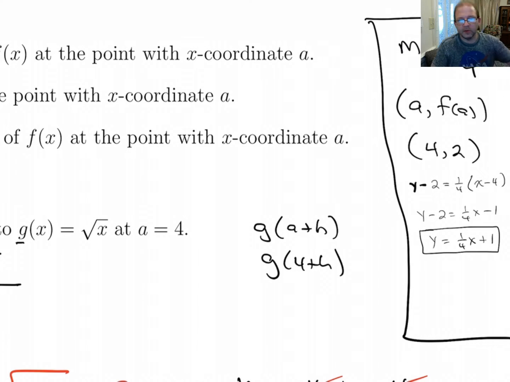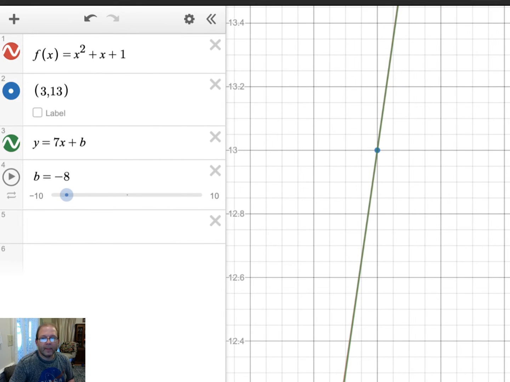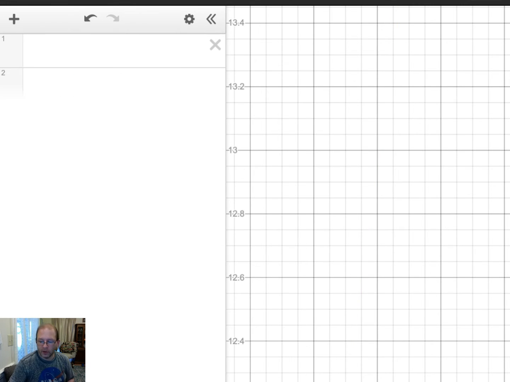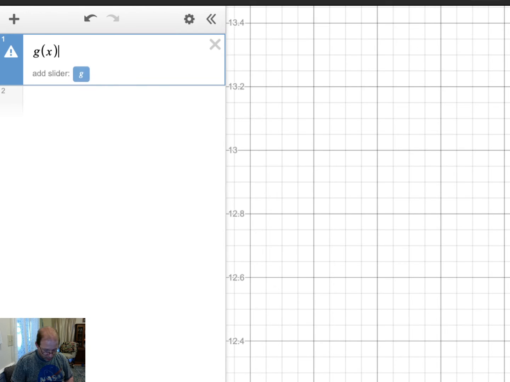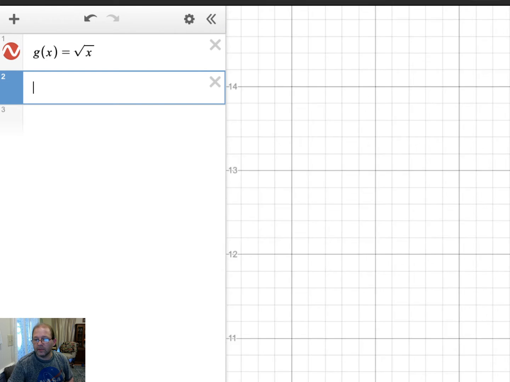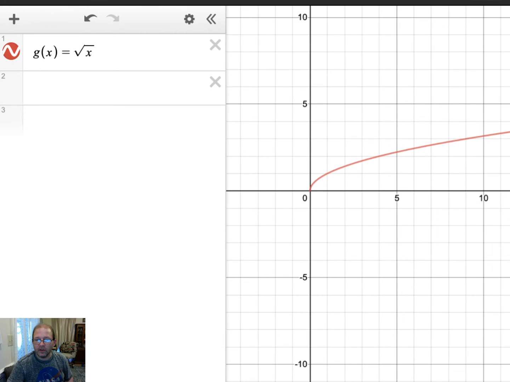All right, so let's look at this on Desmos. Now on Desmos, I have square root of x. Let me zoom back in so we can see it.